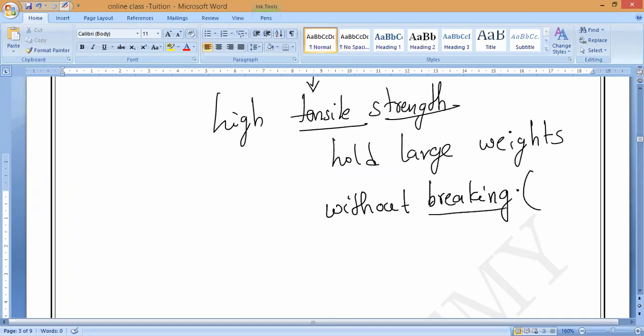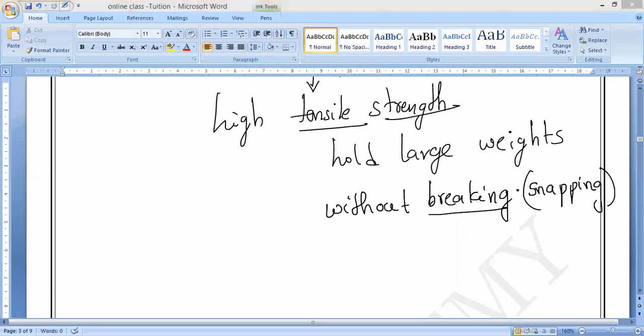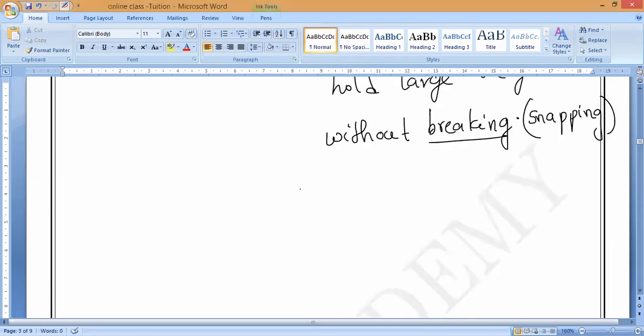Another word for breaking I am giving you; remember this. We can also call it snapping. We should call it snapping. So this is the seventh property of metals.